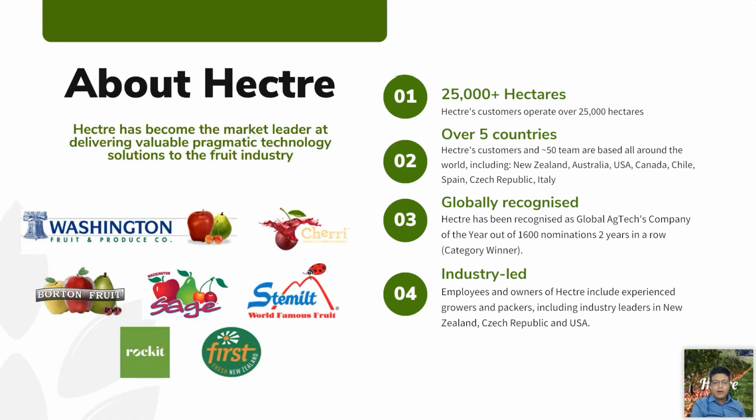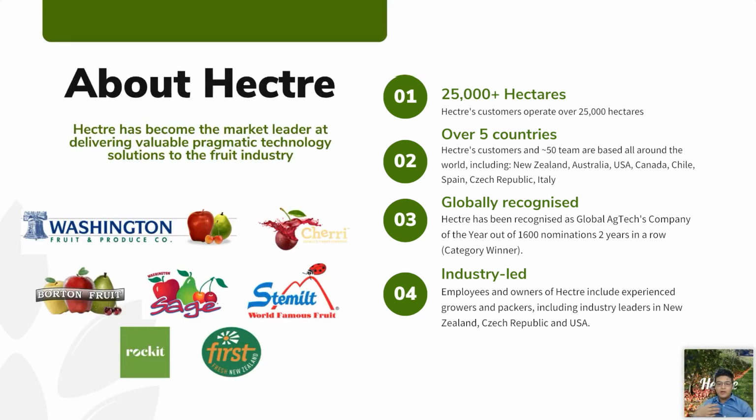Just a little bit of background, we have over 25,000 hectares that our customers currently run. We're in over 5 countries, spreading from New Zealand, Australia, the US, Canada, Chile, Spain, the Czech Republic, Italy, and hopefully to grow more as we roll out the system in different parts of the world. We've been globally recognized the last 2 years by the Ag Tech Awards.